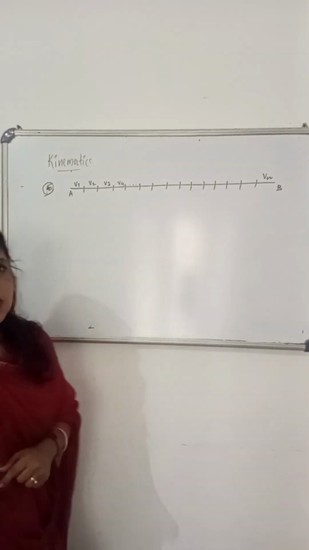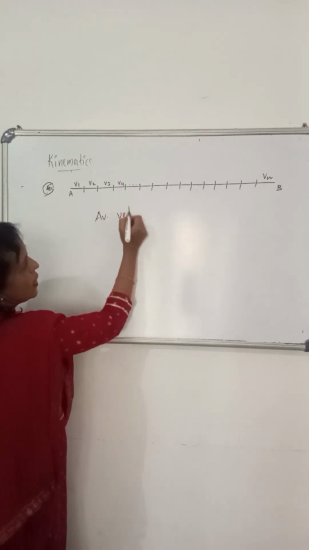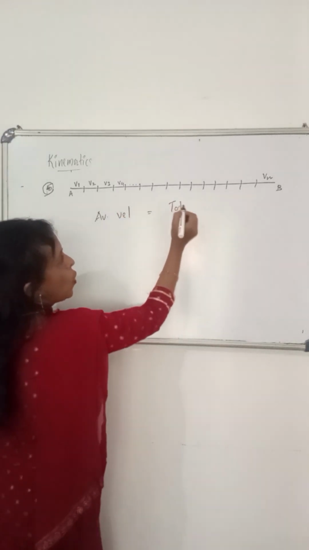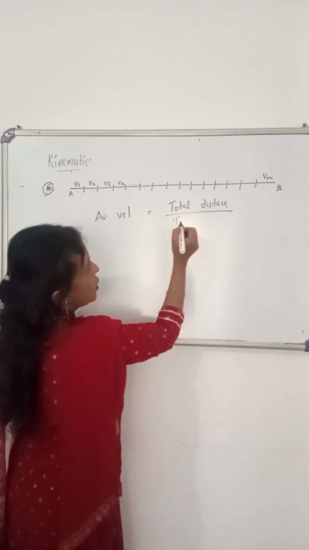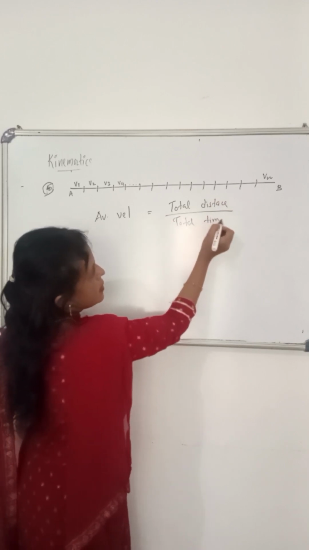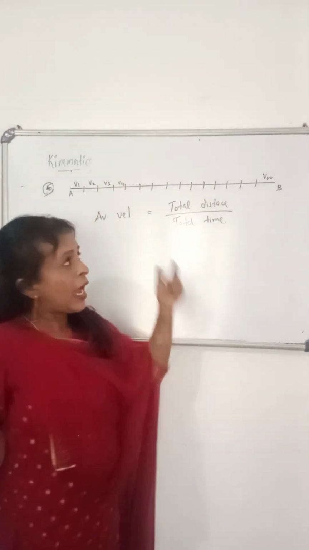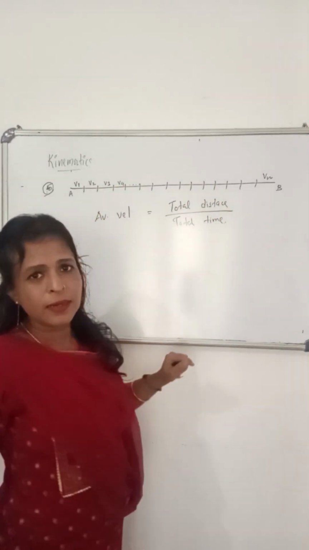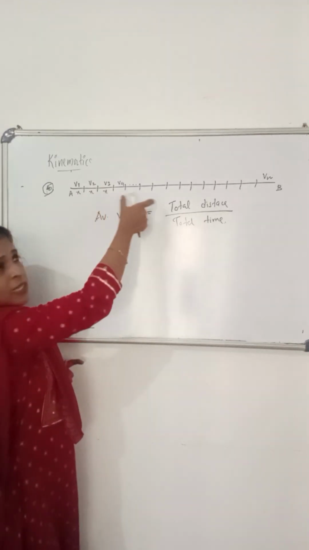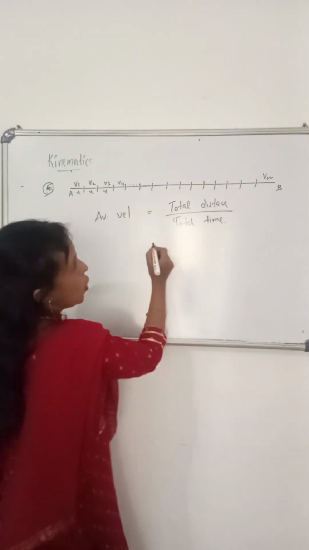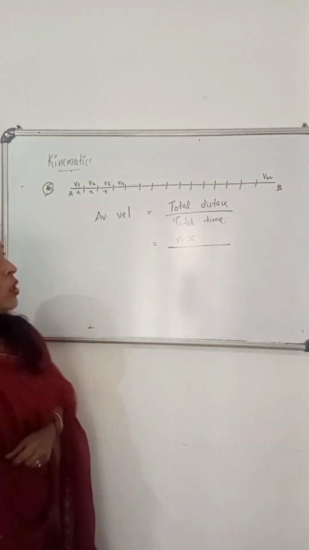Then what is the average velocity? Average velocity or average speed is equal to total distance or displacement divided by total time. Since these segments have the same distance and there are n segments, we take x as the length of each segment, so the total distance is nx.